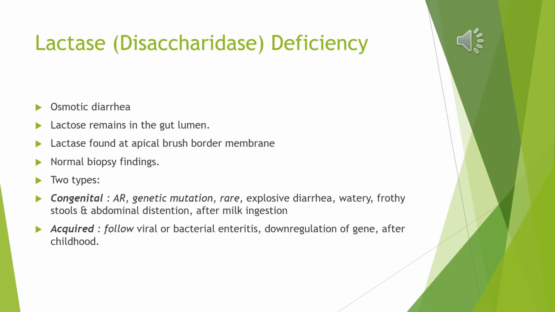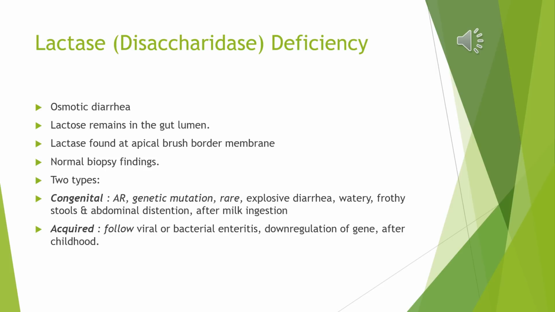Typically, these patients show a normal biopsy finding. A biopsy from the small intestine will be normal because the problem here is an enzymatic deficiency. It is at the biochemical level, which cannot be reflected by any microscopic abnormality.